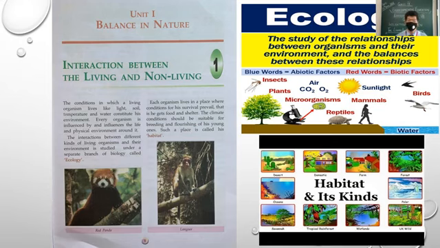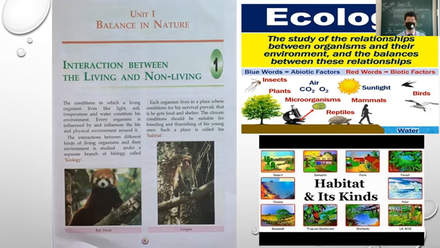And what is the habitat? The habitat is the place where an organism lives, where conditions for its survival prevail, that is, it gets food and shelter. The climate conditions should be suitable for breeding and flourishing of its young ones.